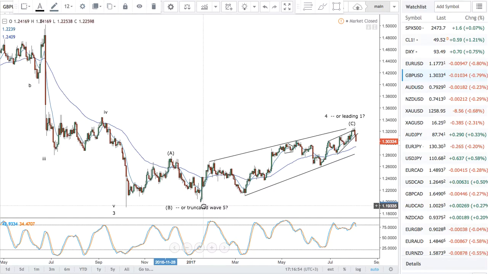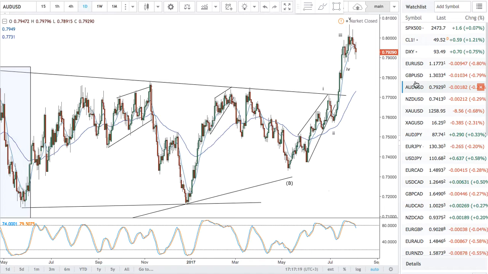When there's a truncation, you don't have any printed proof. I had to work this idea last year with US dollar yen. And truncations are only really workable ideas when they're very sharp declines, like exceedingly sharp declines as we had here following Brexit. So in any case, the bears are holding this.